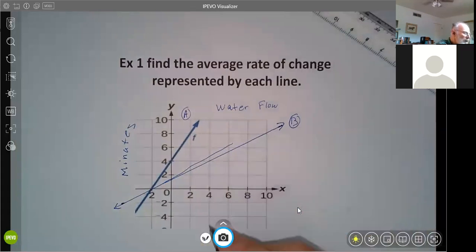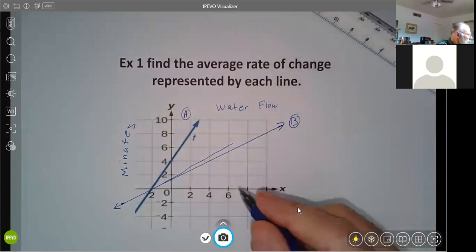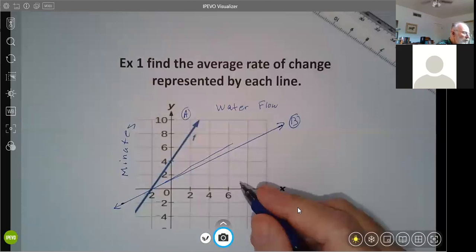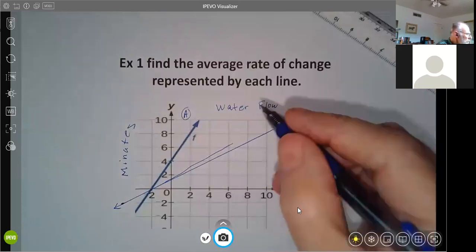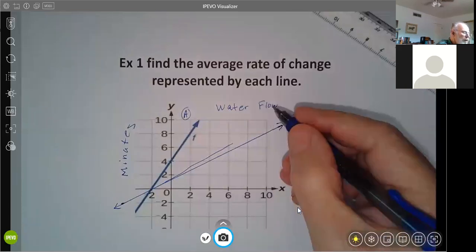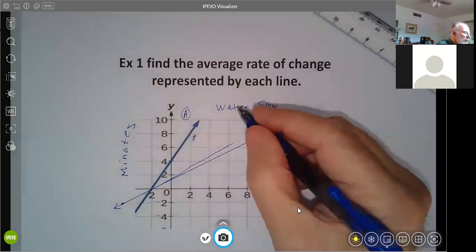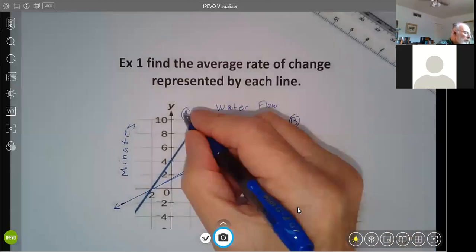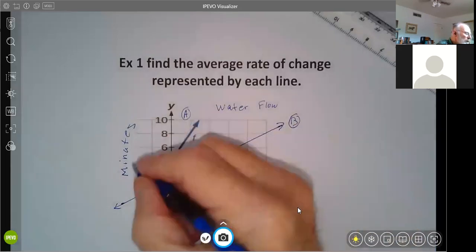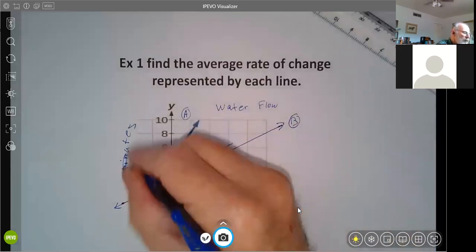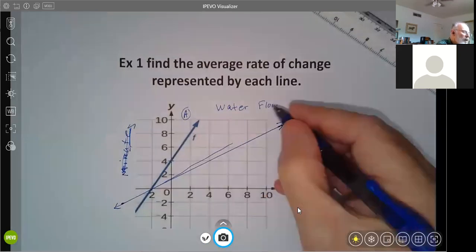I'm going to put this on. How do I want to do this? All right. Well, I see what's going on here. I misread my chart here. Okay. This is about water flow.